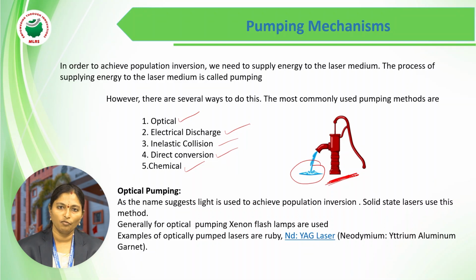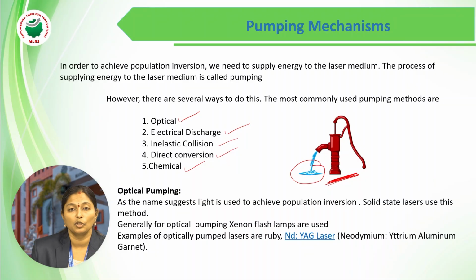In the same way in pumping, we are giving energy to take the atoms to the excited state. There are different types of pumping mechanisms: one is optical pumping, second is electrical discharge, and third is inelastic collision, direct conversion and chemical pumping. We will go one by one.